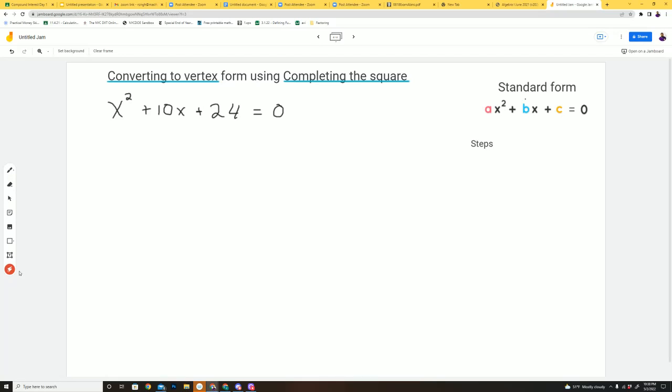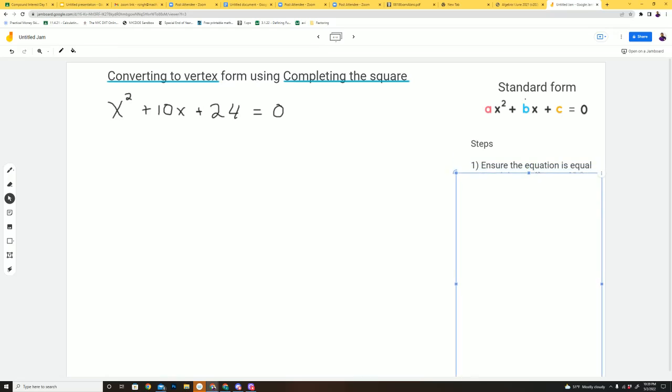So, what we want to do is start off by making sure your equation is in standard form. Remember, standard form is ax squared plus bx plus c equals 0. And here we have x squared plus 10x plus 24 equals 0.